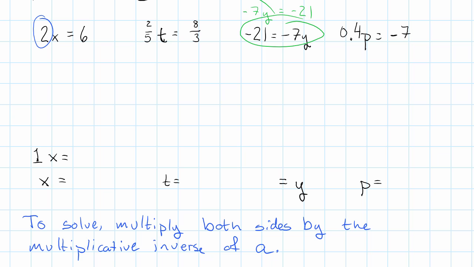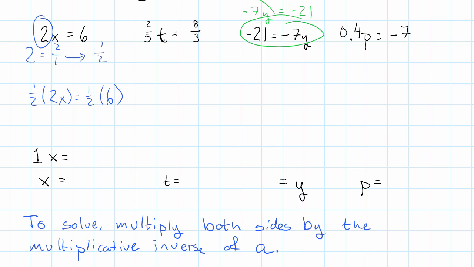Now what times 2 gives me 1? That's the reciprocal of 2. So 2 means 2 over 1. Take the reciprocal and I get 1/2. I'm going to multiply the left-hand side by 1/2 and the right-hand side by 1/2.